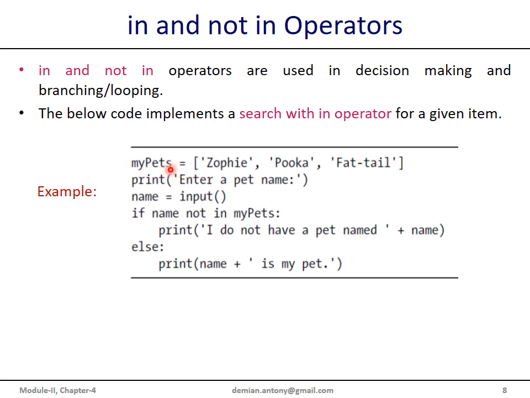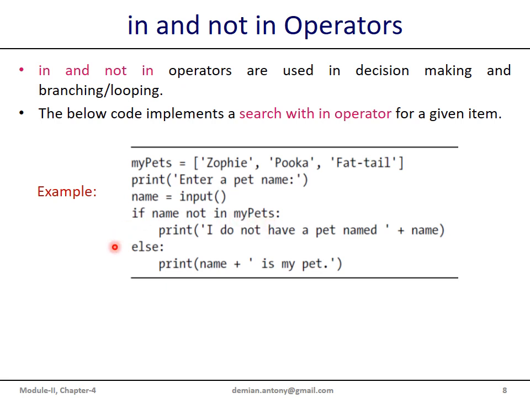Let's take up the list my pets with 3 items, and we request the user to enter the pet name with the input function, and let's test whether the user supplied value is present in the list.